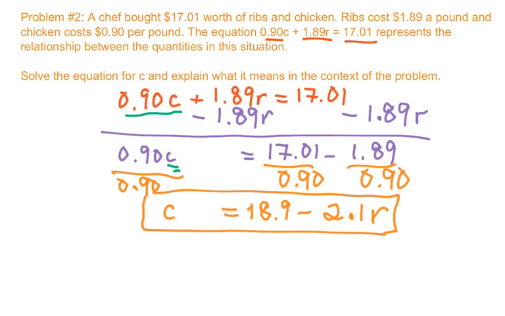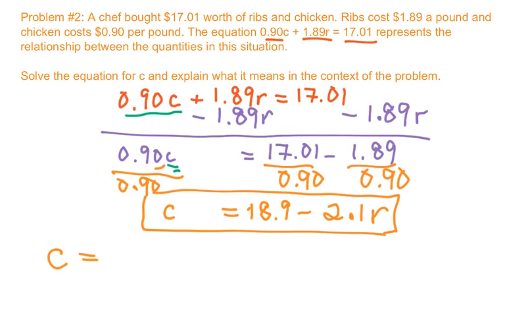So now I have to look and decide what, if I solve for the value of C, what is that going to give me? So I want you to think about, what does C stand for? We know that C stands for the pounds of chicken bought. So the cost of chicken per pound was 90 cents per pound.